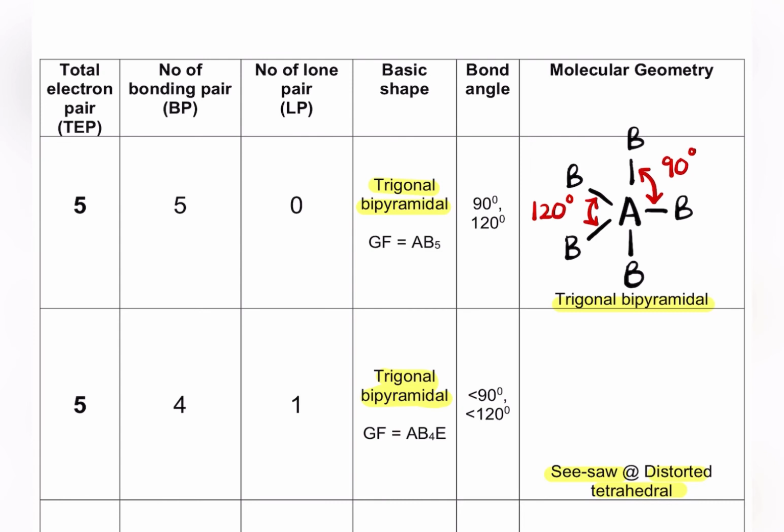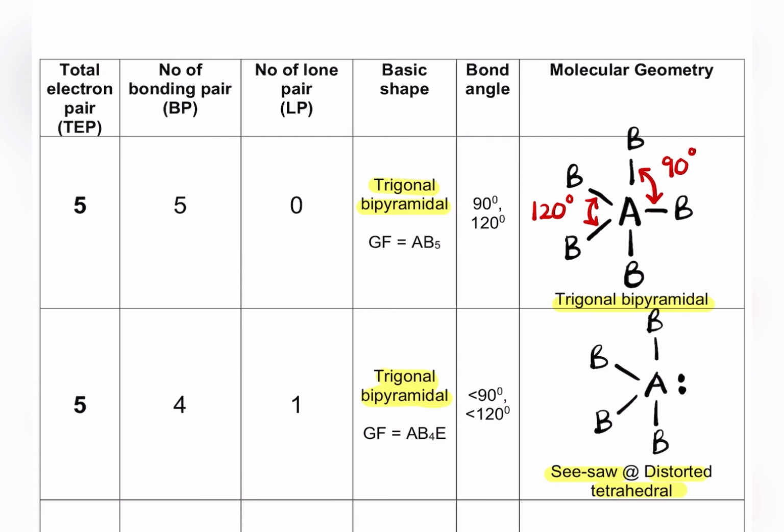So maknanya saya akan gantikan 1 bonding pair from here sebagai lone pair. So what will happen? My structure stay as it is untuk yang lain. So I got A bonded kepada 4 bonding pairs and I got 1 lone pair here.